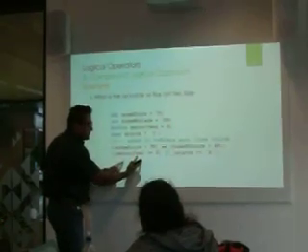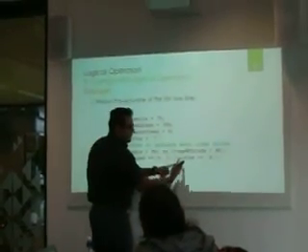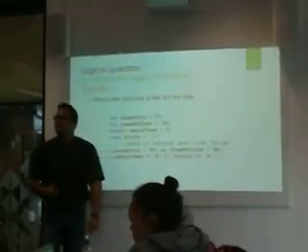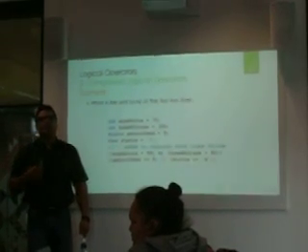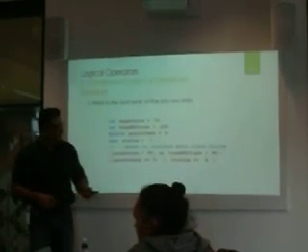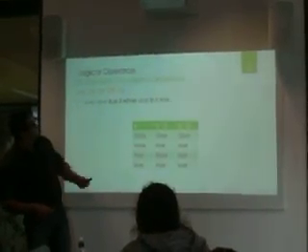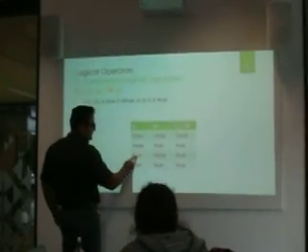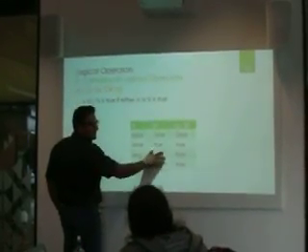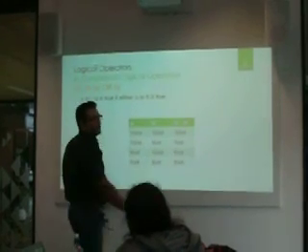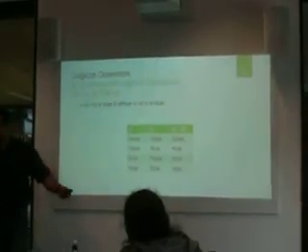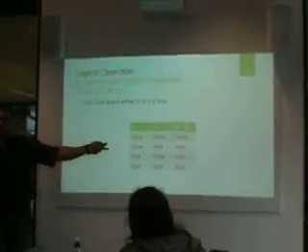We have true or false. True. True or anything is true. We get back to this table: true or anything, true. You need to memorize these truth tables.